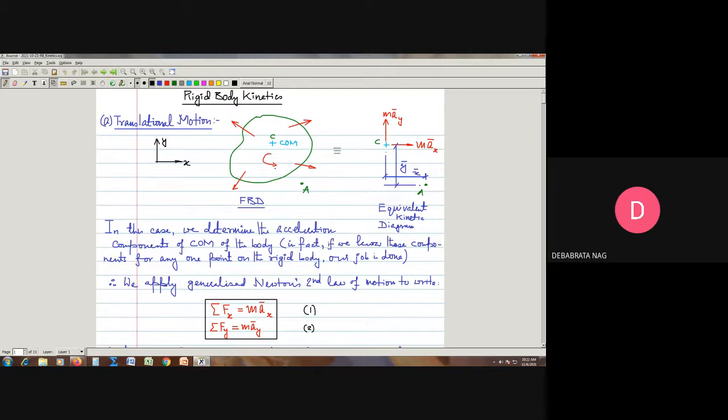And we know that for such type of translational motion, since all constituent particles of the body undergo an equal amount of displacement over an interval of time, delta t, it is actually sufficient to just track any single particle belonging to the body under motion. Now, in most cases, that single particle can be the center of mass of the rigid body, or it can be any other point on the body for which we know the history of the motion.